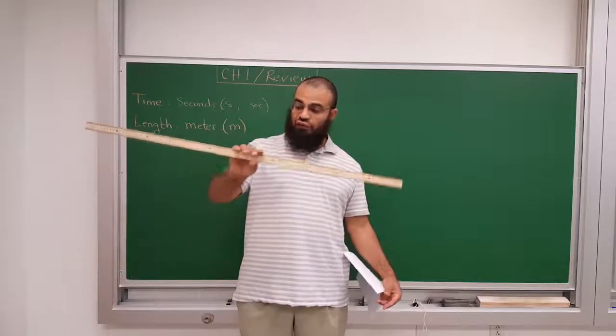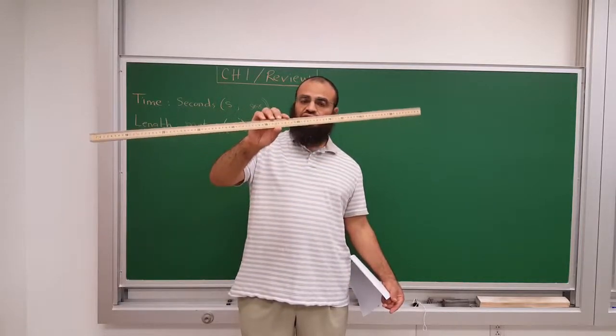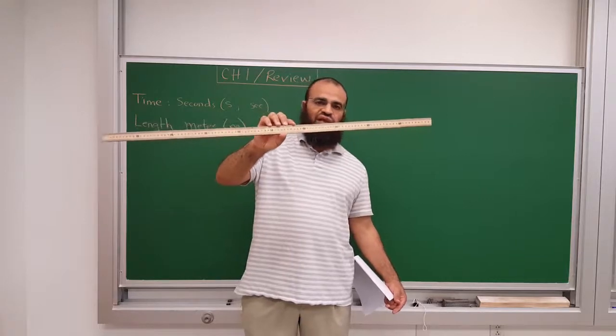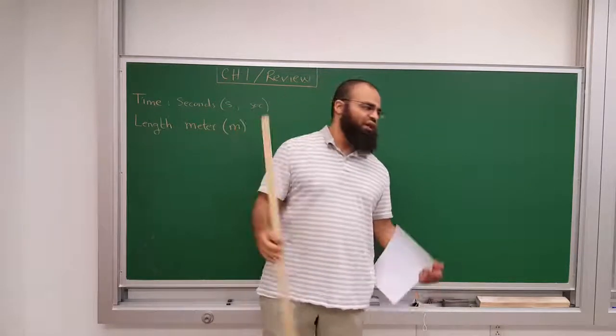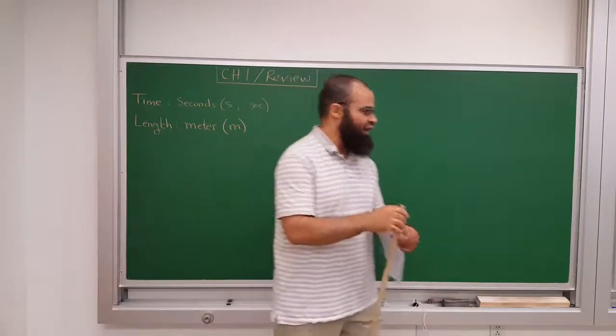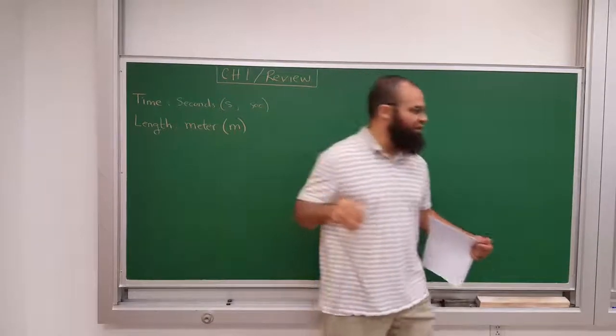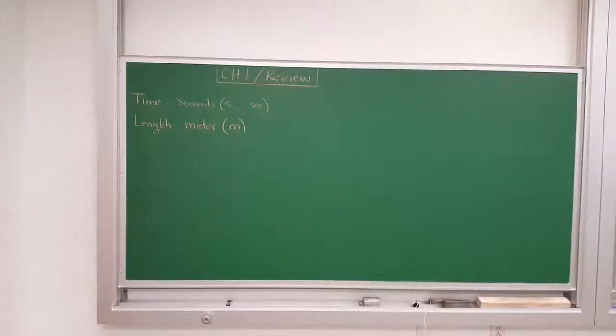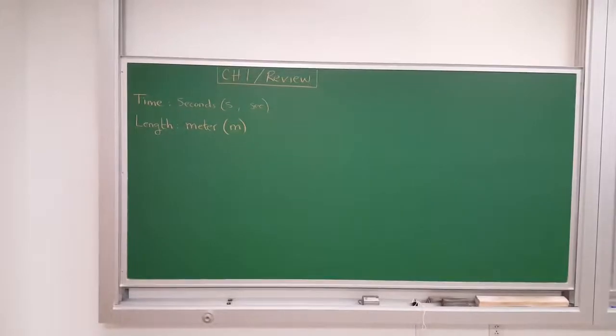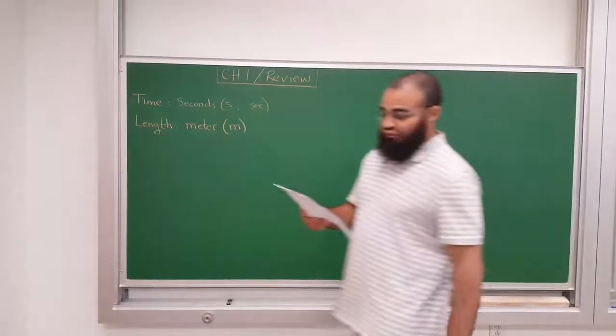And for a while, that was good, and it works pretty well. But now it's defined in terms of the speed of light, because the speed of light turns out to be a really good measurement because it's constant. It has a set value. And so I will also read it.